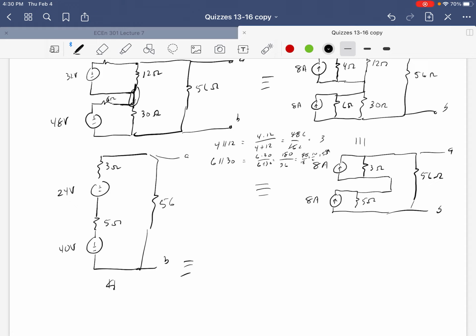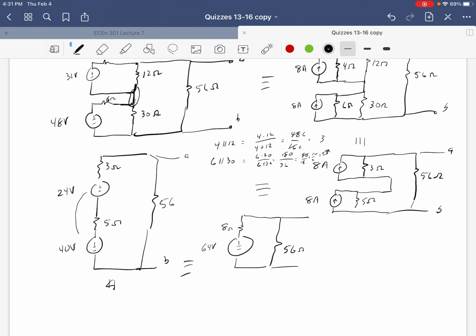So this is going to be equal to, we can now add these in series. So we're going to have a 64 volt source in series with an 8 ohm resistor, and that's going to be in parallel here with a 56 ohm resistor.